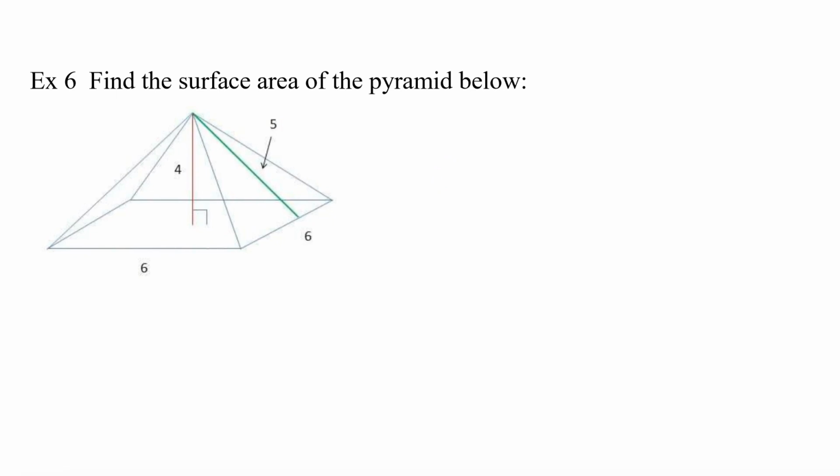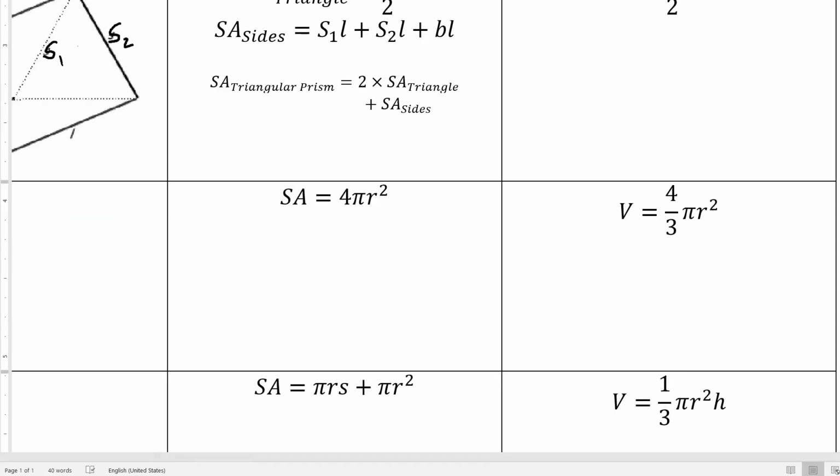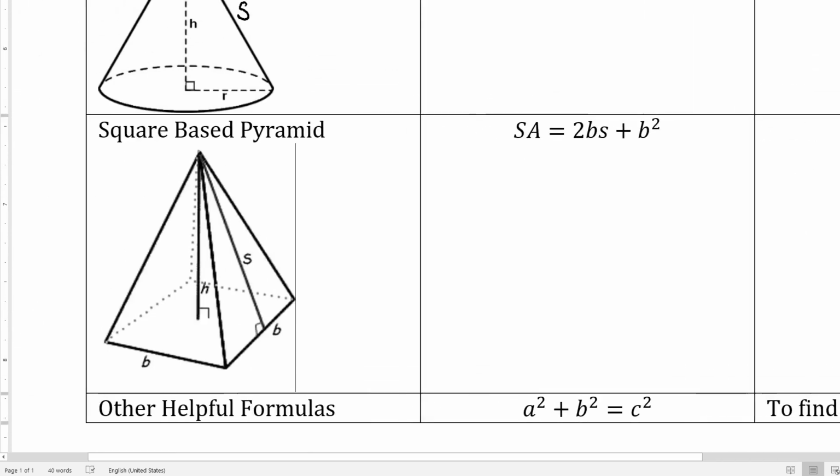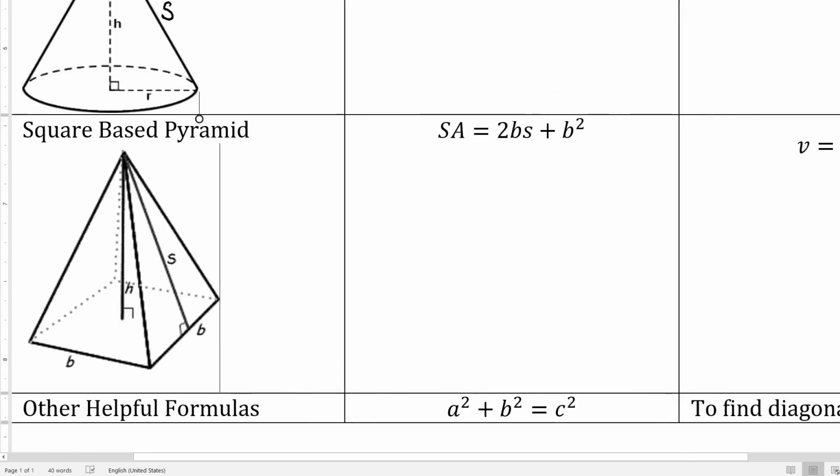Okay, so let's look at the pyramid. Now this has a square bottom pyramid. So let's look at the formula for that. A square-based pyramid is going to have a surface area of 2 times BS, which makes me giggle, plus B squared.